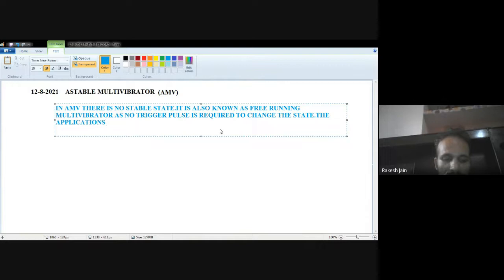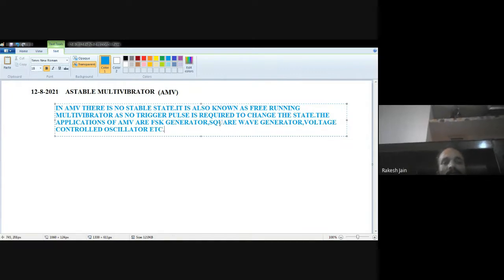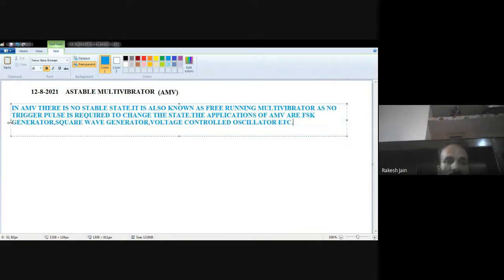The applications of AMV are FSK, that is frequency shift keying, generator, square wave or rectangular wave generators, voltage controlled oscillator, etc.